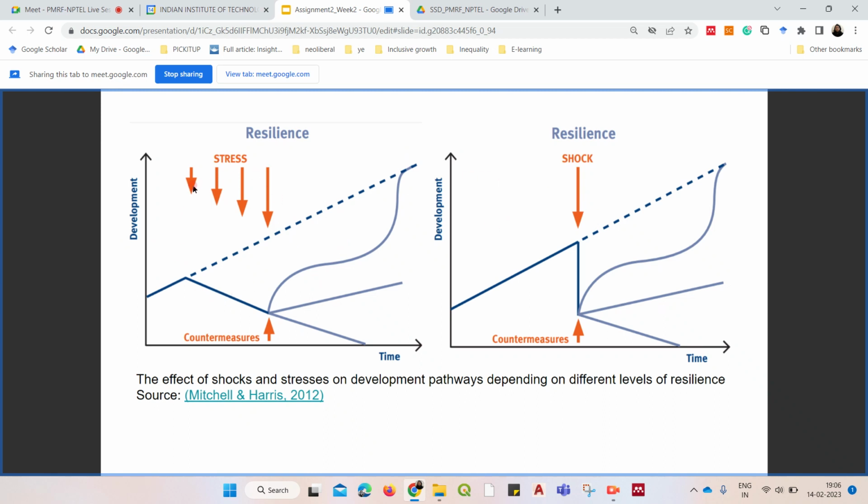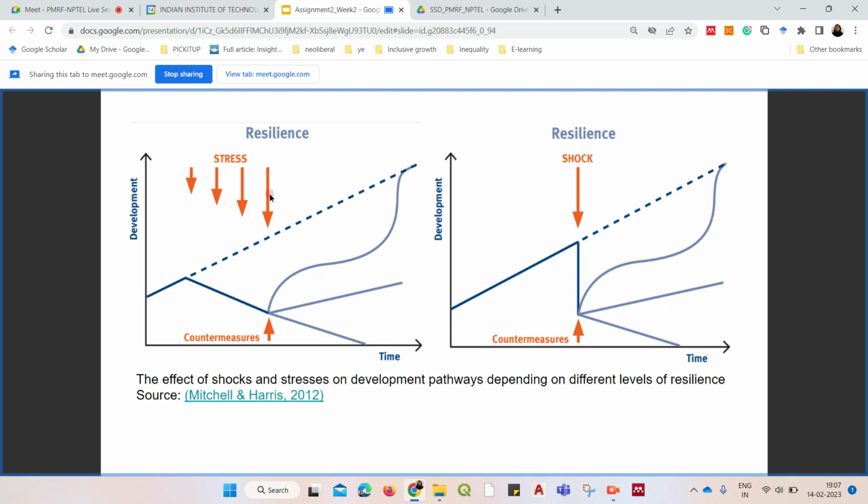For example, if we talk about urban development, there can be gradual stresses, like for example several aspects of climate change, like rising temperatures or reducing water quality or reducing water availability.